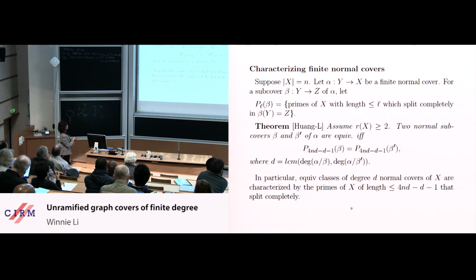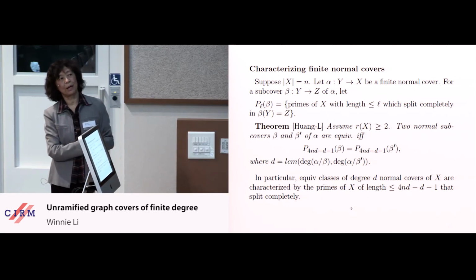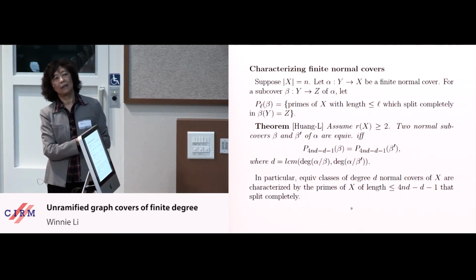And the bound for that length is 4n times d minus 1, where d is the maximum degree of the quotient cover. So in other words, the number theoretic analog holds for the graphs, and also the criterion we need is stronger. We only need to consider the splitting of the finitely many primes with that bounded length.